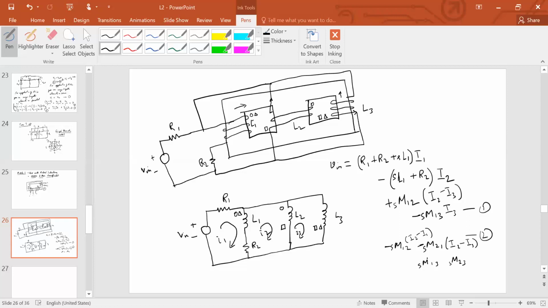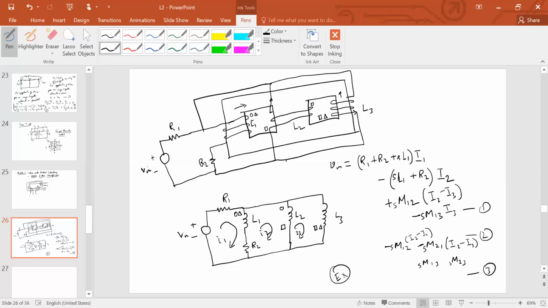Similarly, in the same fashion, if you now write for the third loop, you'll have to again consider the couplings of L3 with L2 and L1, and also L2 with L1. So complete this as an exercise.